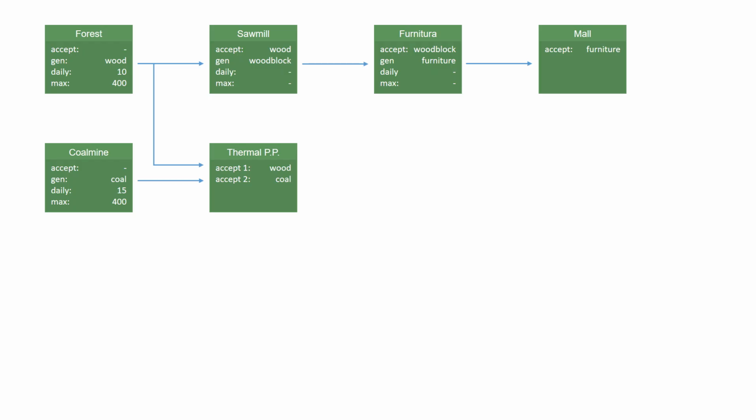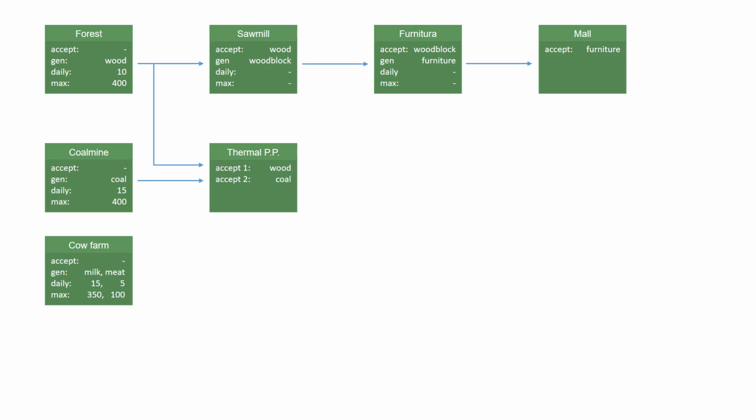But we can also have a factory or industry which generates multiple outputs, for example the cow farm, which will generate milk and meat also. Of course, here we have different daily amounts and different maximum capacities as well.